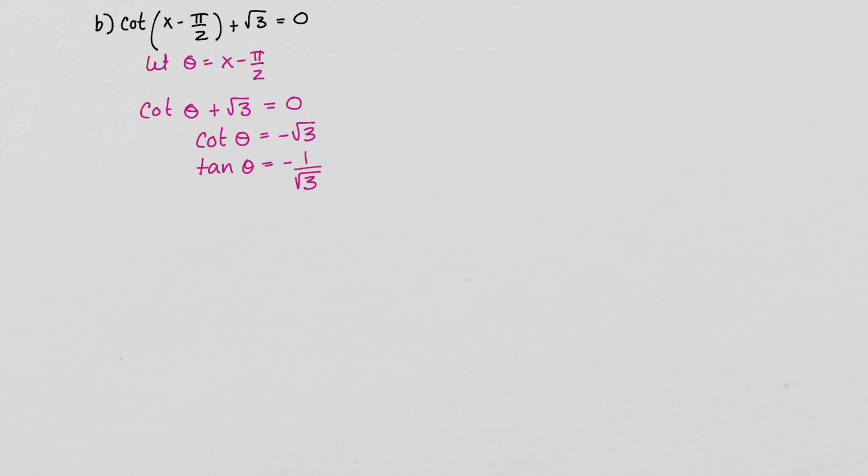So I subtracted root 3 from both sides. So we have the cotangent of theta equals minus root 3. And then if the cotangent of theta is equal to minus root 3, the tangent of theta is equal to minus 1 over root 3, because they're just flip-flops of each other. Questions so far? All right. So when is the tangent of theta equal to minus 1 over root 3?